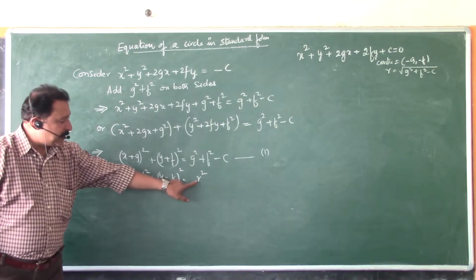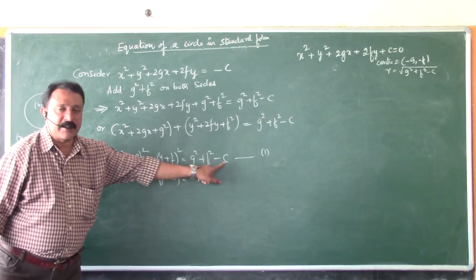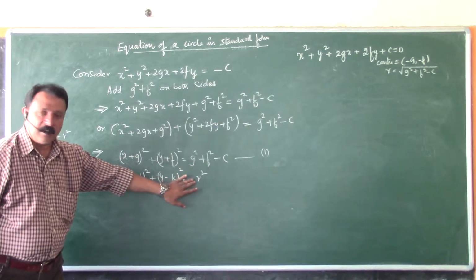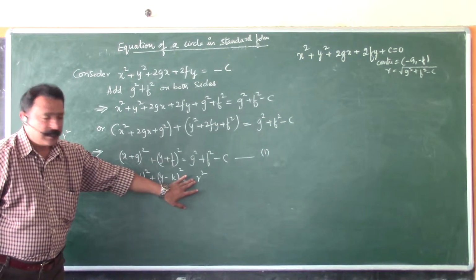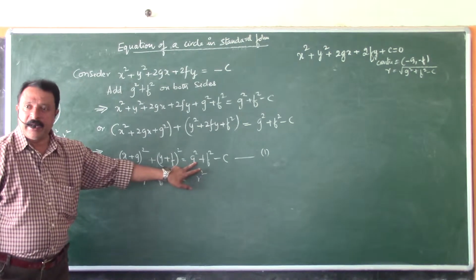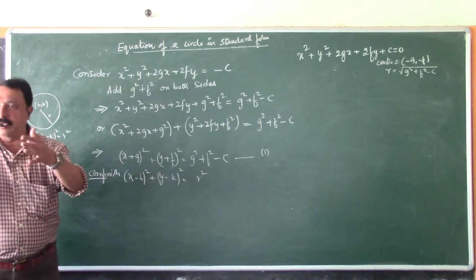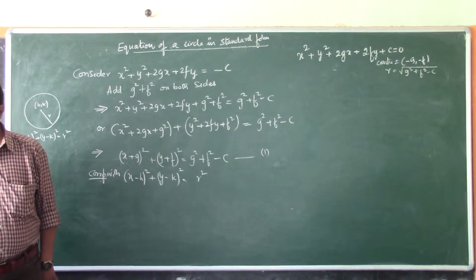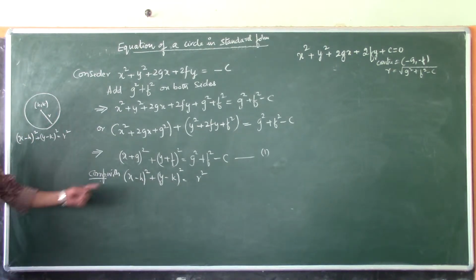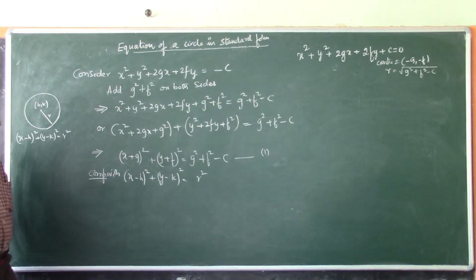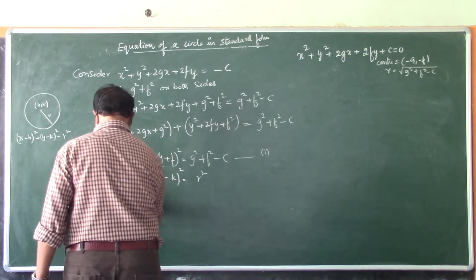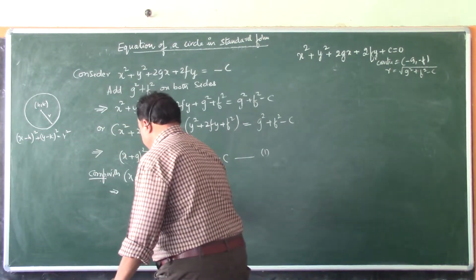Because the right hand side is the square of a constant term, here also it is the square of a constant term. There is no variable here, no x, no y. Here also no x, no y. They are all constants, therefore they are comparable. Now here it is in exact comparison. So if you compare, what do you have?